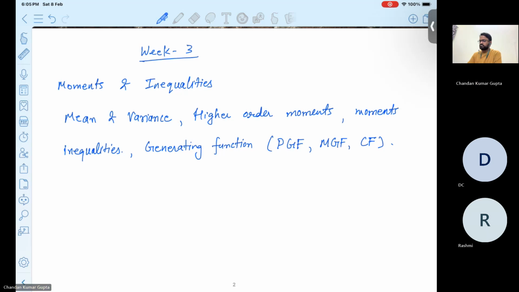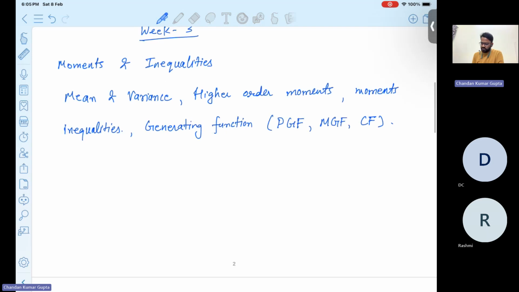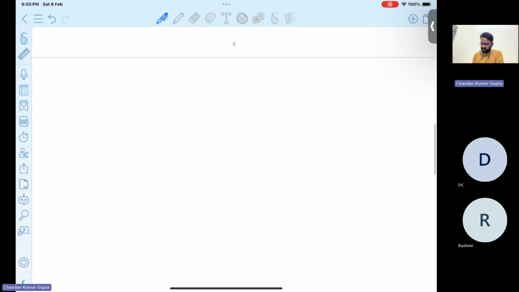Okay, so let's have a brief recap of the third week course. Let's start with mean or expectation. Mean is defined as the average.